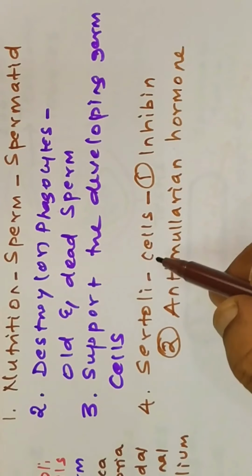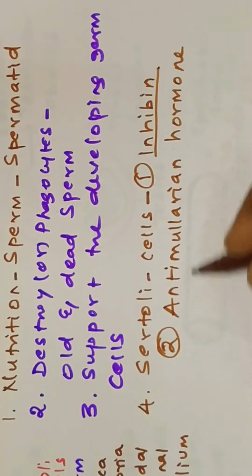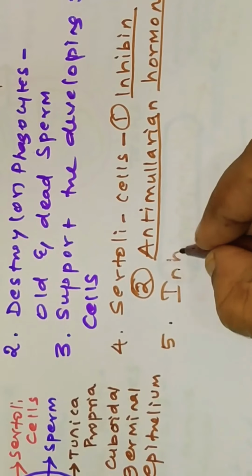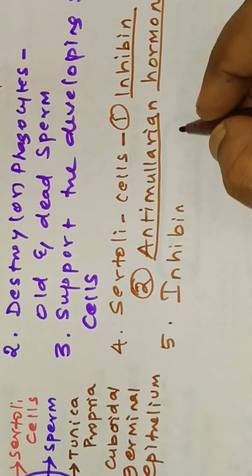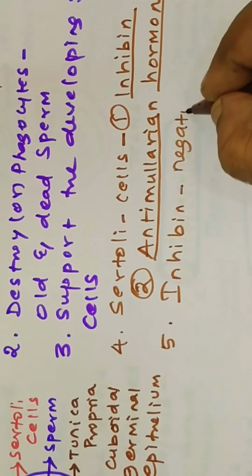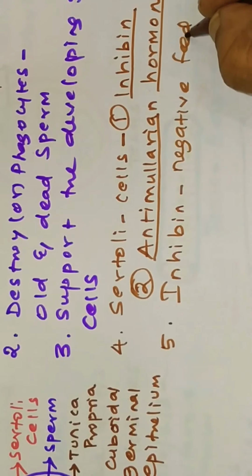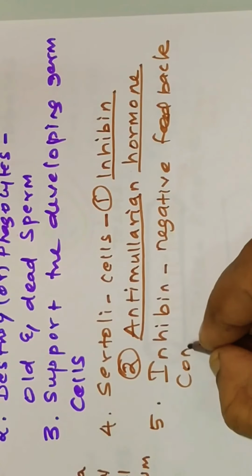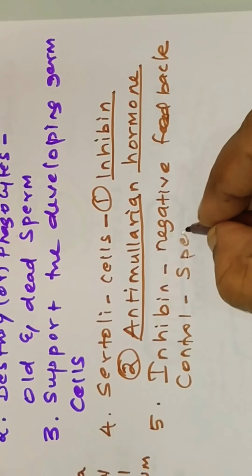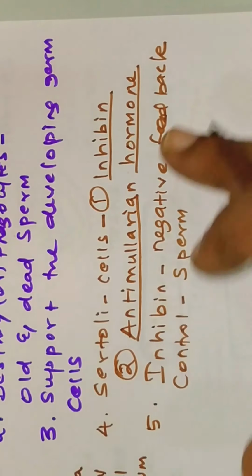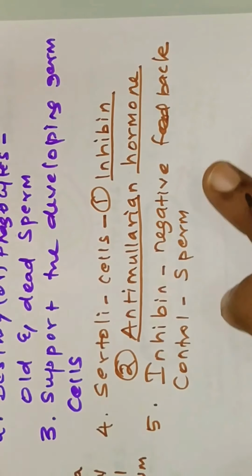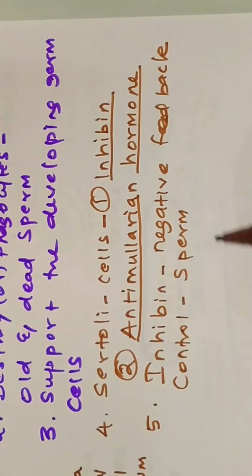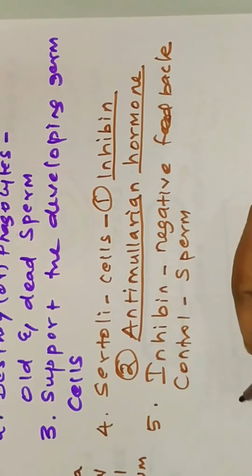The function of the inhibin hormone: it acts as a negative feedback control for sperm production. Suppose within the seminiferous tubules there are more sperms, an excess amount of sperm which is not in use. This inhibin hormone stops the production of sperm. That's why it is called a negative feedback mechanism of sperm production control.